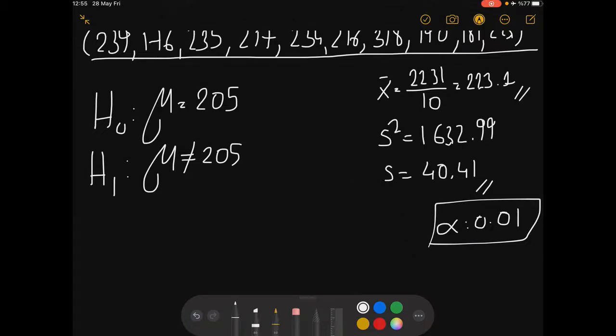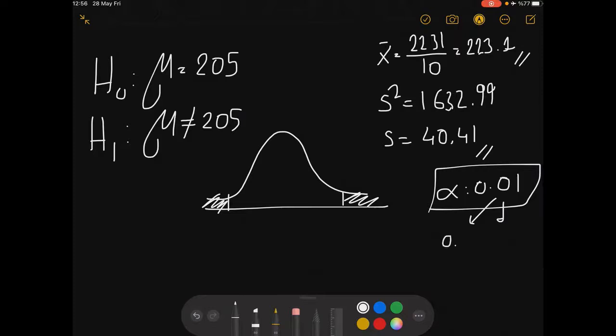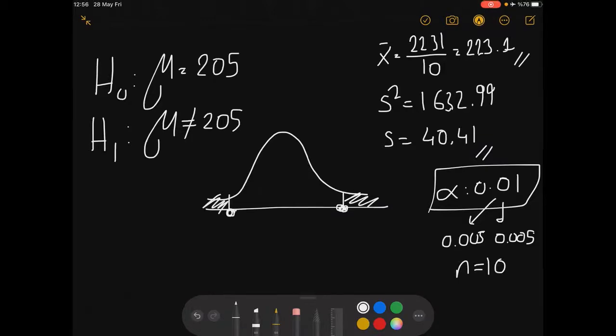So I need to have my rejection region here, but be careful, since it's not equal to, it means that it would be two-tailed, and this needs to be divided by 2, right? So what are those threshold values here for n equals 10, right? This is what I'm trying to figure out.